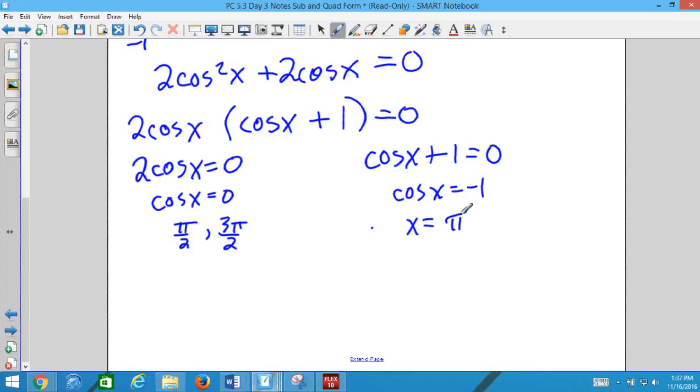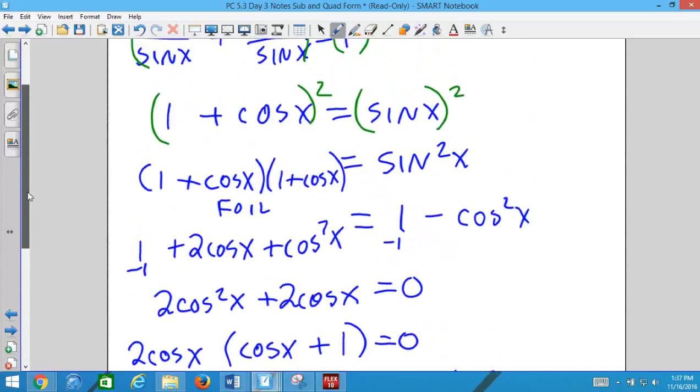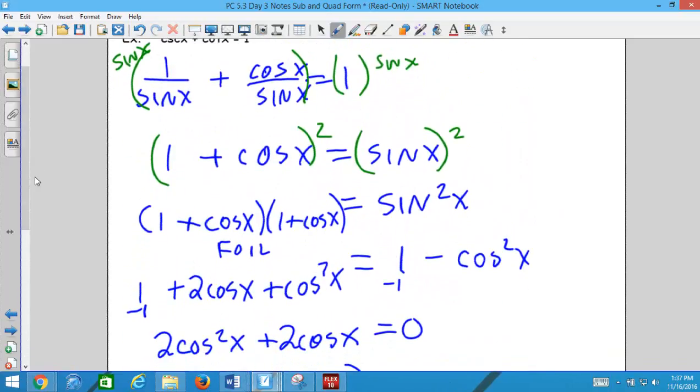Some of you, yes, some of you no. Because we squared it, we put in extra x's that weren't there originally. So the answers that we got were the answers to this step, but they don't all work in this step here.